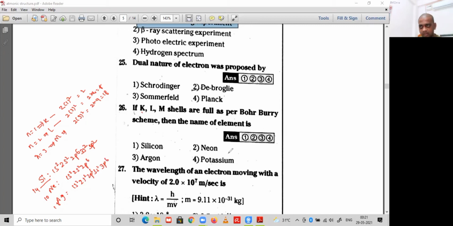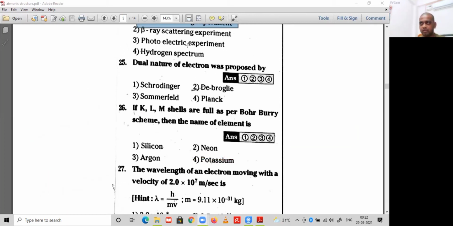Coming to potassium, K, its atomic number is 19, 1s2, 2s2, 2p6, 3s2, 3p6, 4s1. So electrons are present in the K shell, L shell, M shell and N shell. So the option for question 26 is potassium.